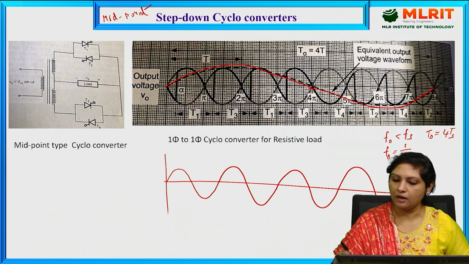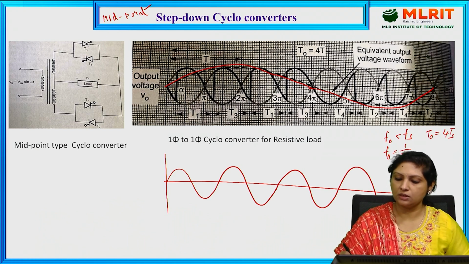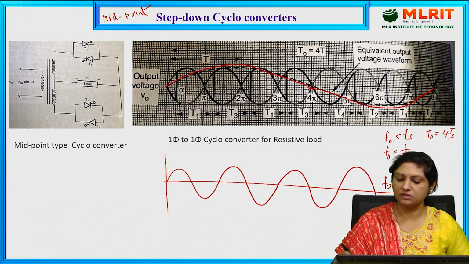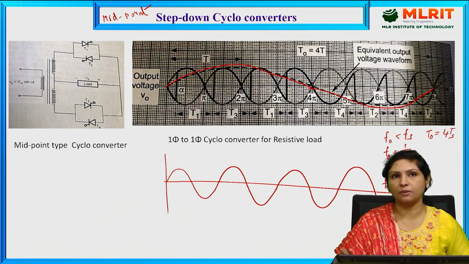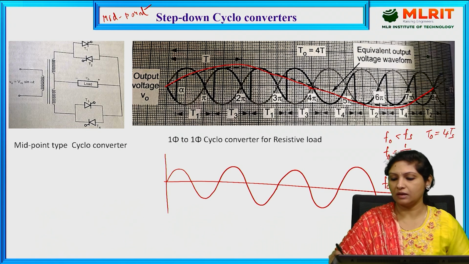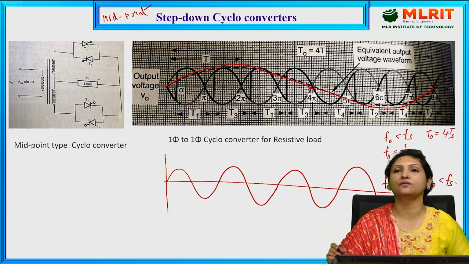Here I am substituting T0 is equal to 4 times the supply time period, and here 1 by 4 T in the sense f by 4. So output frequency is supply frequency by 4. That means our output frequency is less when compared to that of the supply frequency.